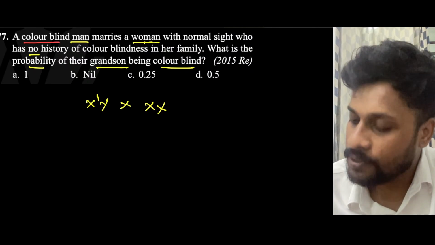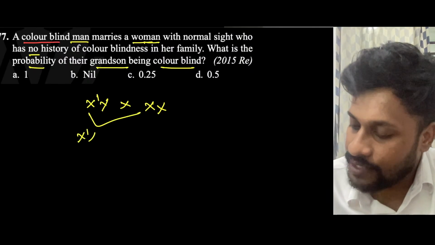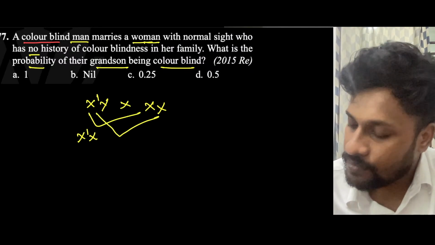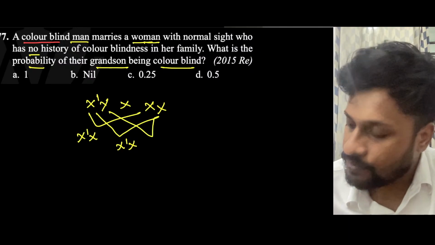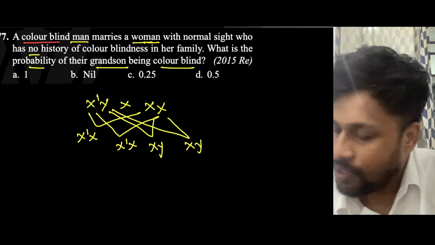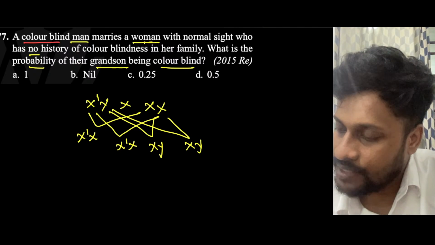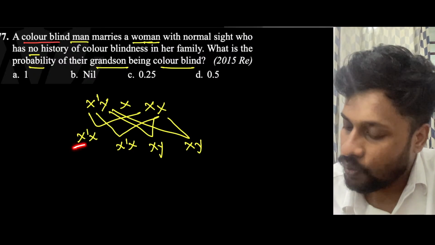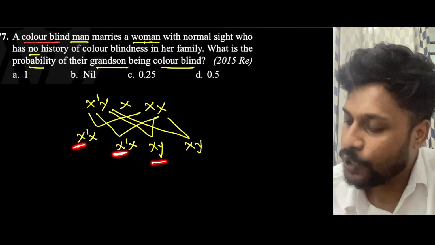So X dash Y with the normal woman, XX. Let me cross it. X dash X, X dash X, XY, XY. Right? Now you see this diseased allele is only passing into the female, not into the male.